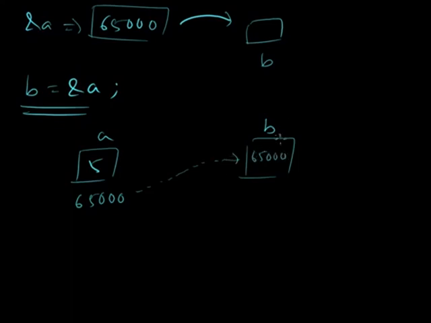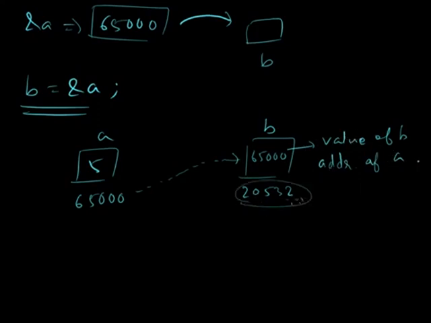B also has an address. Let us assume that this address is maybe 20,532. Now this is the value of B, but this is also the address of A. What I am trying to show you is, literally, a pointer. This is the address of B.